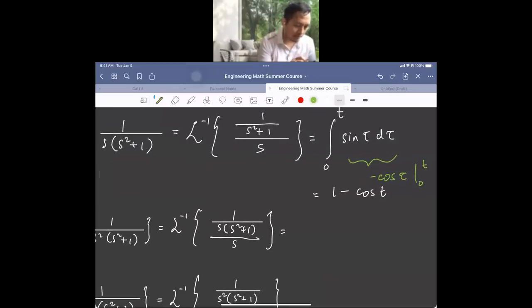Now remember that this is precisely the same thing as the top one here.